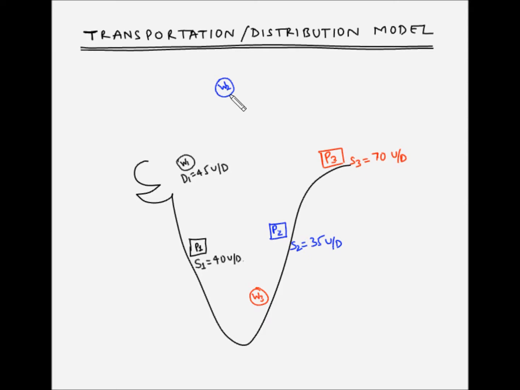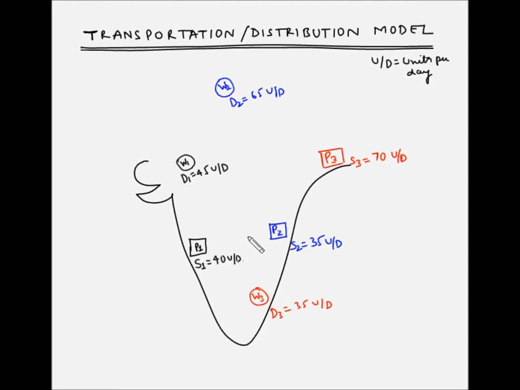The demand at the second warehouse is 65 units per day, and the demand at the third warehouse is 35 units per day. Here I have used U by D for units per day because of space, but otherwise it is denoted as units per day, not U by D.